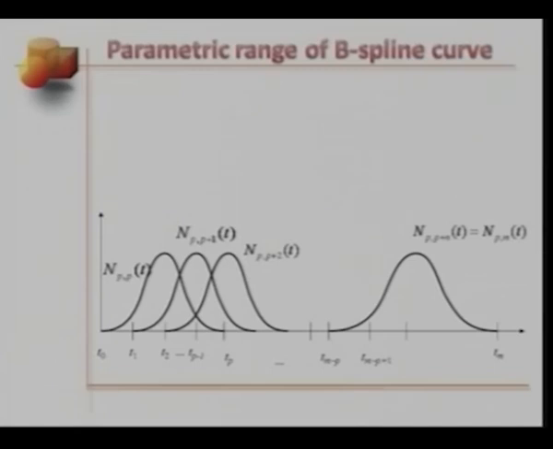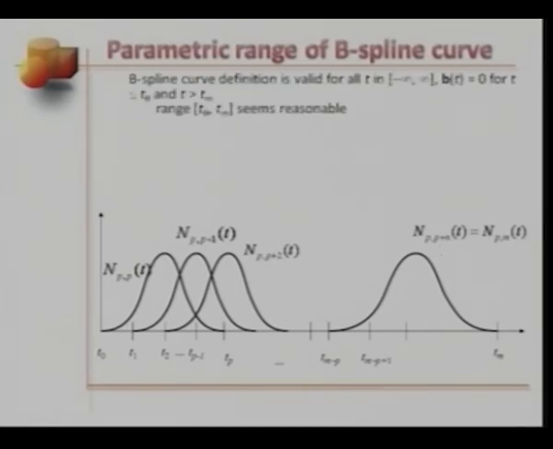Let's now discuss the parametric range of a B-spline curve. This is a figure I have borrowed from 2 slides before. These B-spline basis functions, N0,p, N1,p, N2,p, up till N n,p. How many are these? Of course, n plus 1. Now, a B-spline curve definition is valid for all values of t in minus infinity to plus infinity.